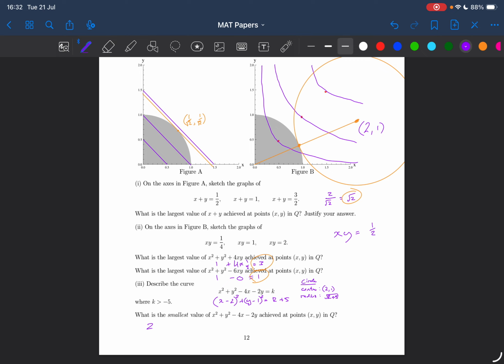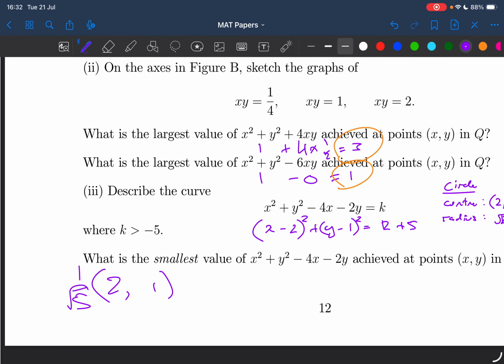This would have nominal magnitude of root 5. So we're going to divide it by root 5. Lovely. So now then, we have basically 2 over root 5 and 1 over root 5 as our point.